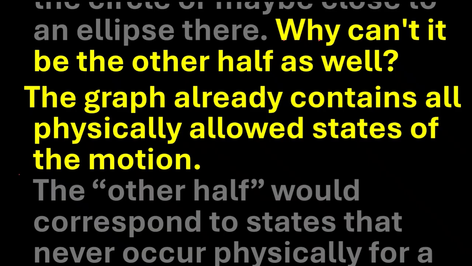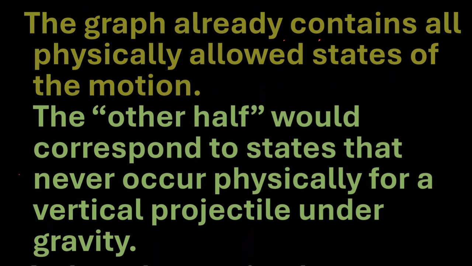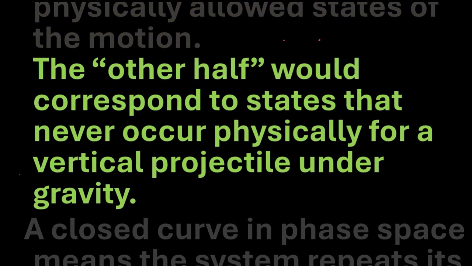Considering the other half would mean that we are trying to plot states that never occur physically for a vertical projectile under gravity, which means we have this graph so far like this.